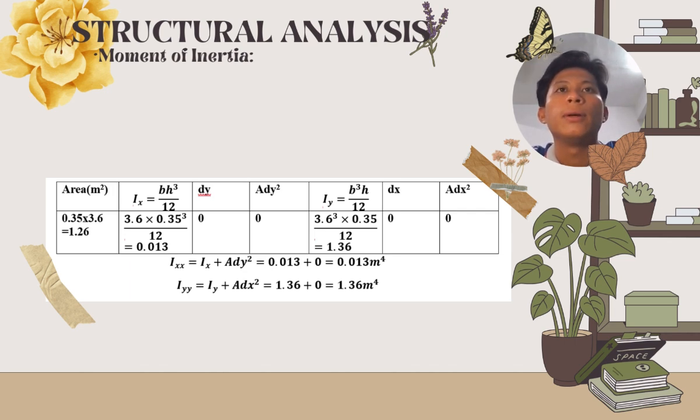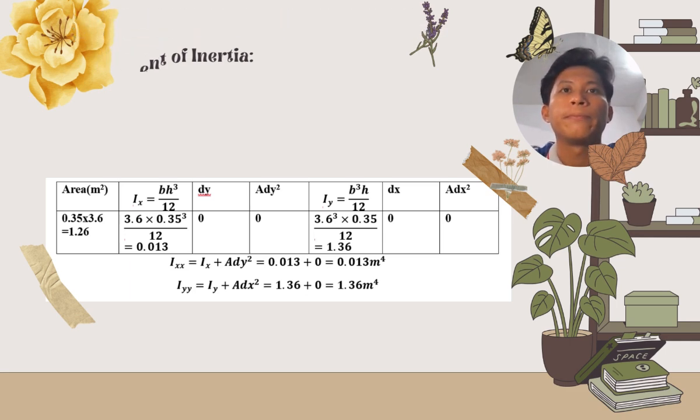So for A dx to the power of 2, we also get 0 because the dx value is 0. So the moment of inertia Ixx is 0.013 meter to the power of 4, and Iyy is 1.36 meter to the power of 4.